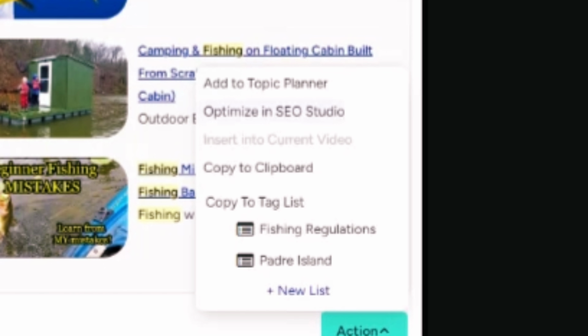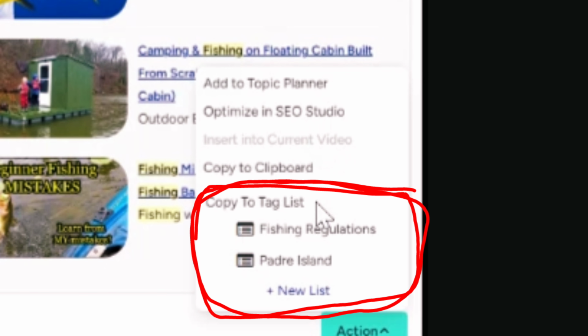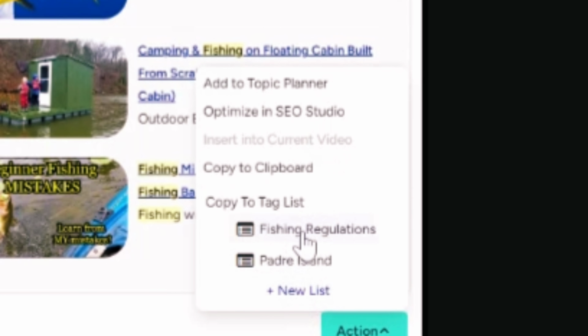Maybe I don't have that ready to go just yet. I can also copy it to the clipboard, or I can create a tag list like one of these ones that I've created here, and I can add it to one of these lists or create a new list if I need to do so.